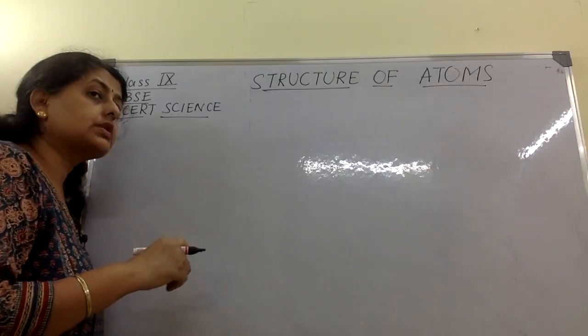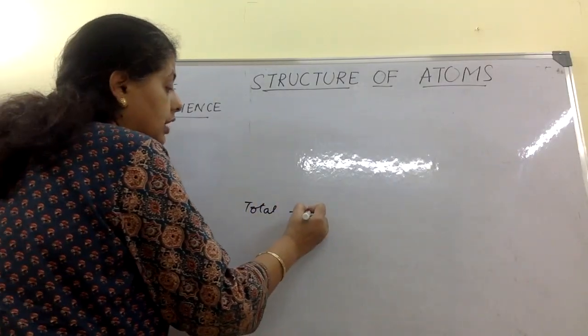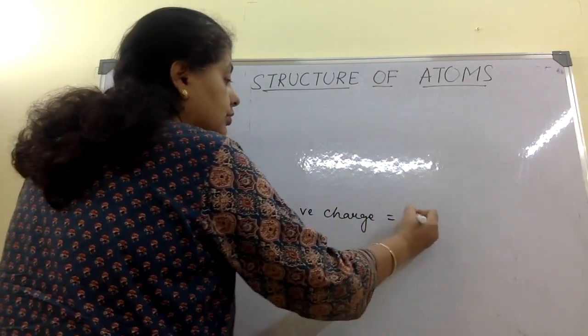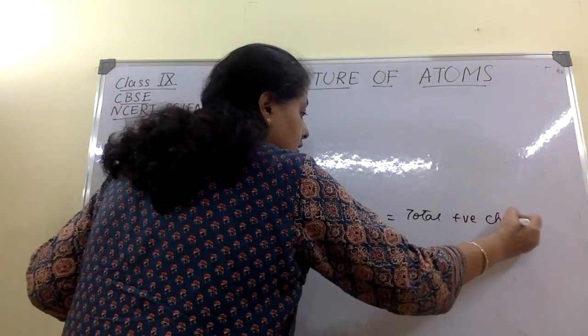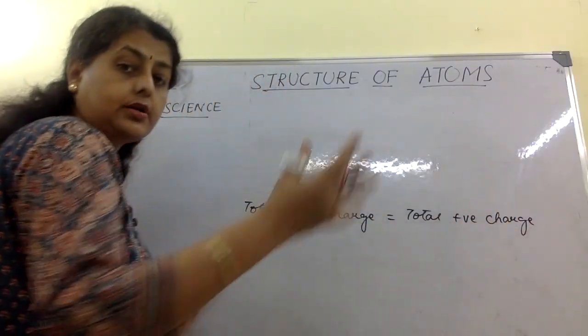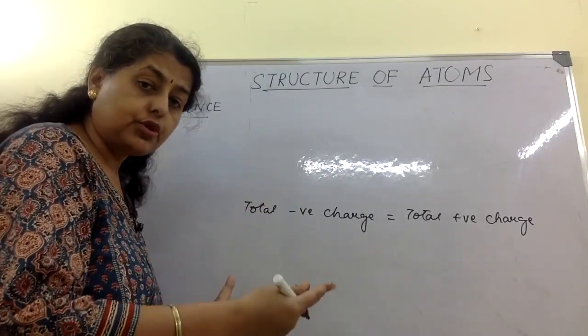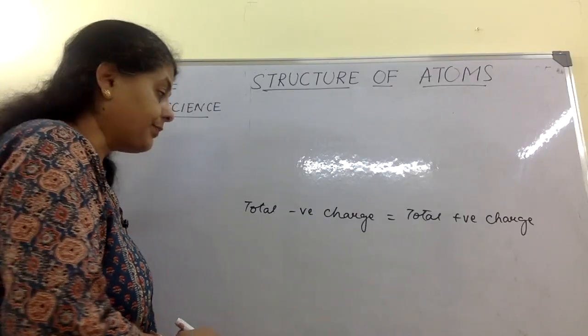Thompson also said that the total negative charge from the seeds was equal to the total positive charge from the red part. That is, the magnitude of the total negative charge was equal to the total positive charge, and so that made it electrically neutral.